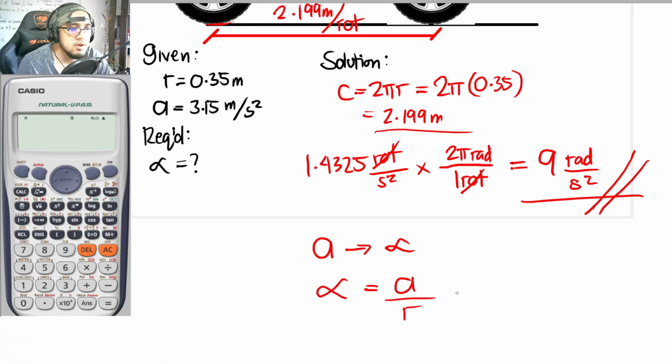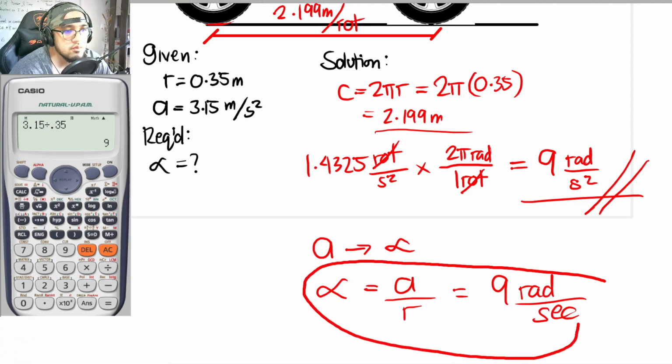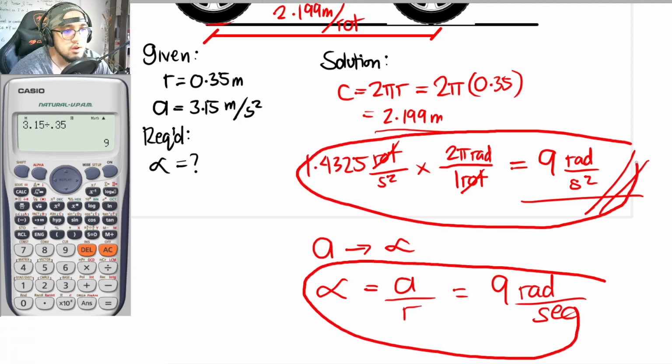So looking at the calculator, 3.15 divided by the radius of the tire, 0.35. Thus, voila, 9 radians per second squared. This is just a shortcut if you do not want to make use of this method. However, this shortcut is of course derived from this particular method.